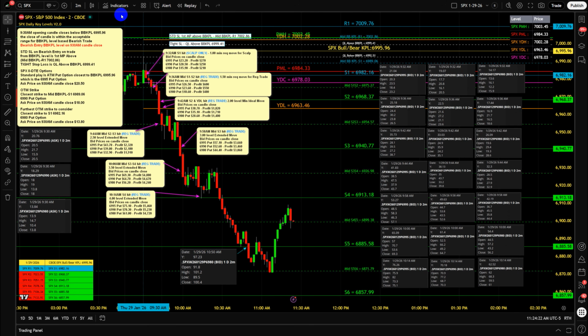However, just keep in mind that we have found that the 2-minute chart time frame out of that 1-minute to 5-minute range works the most consistently for this particular strategy.